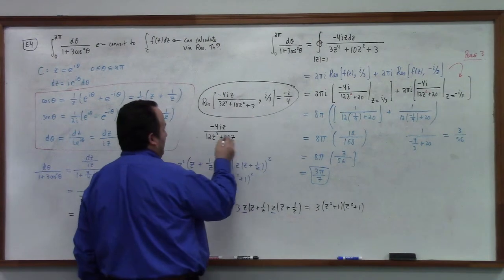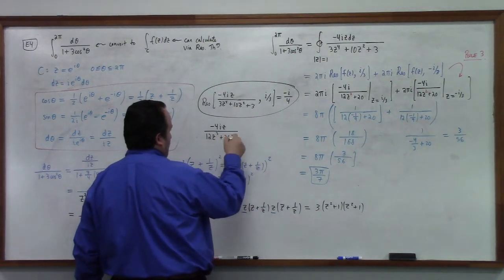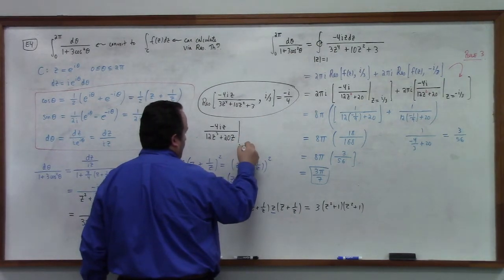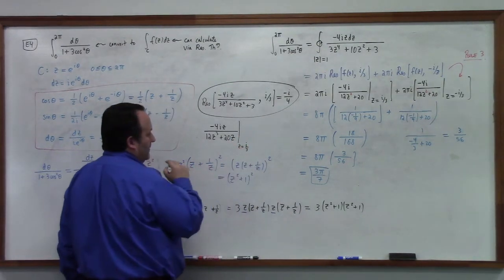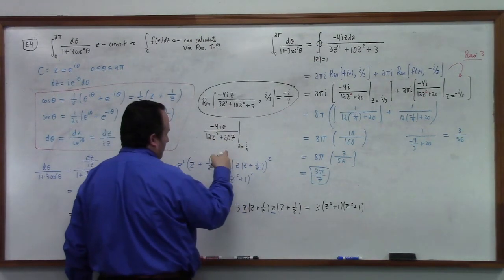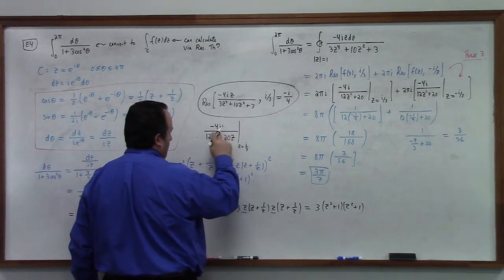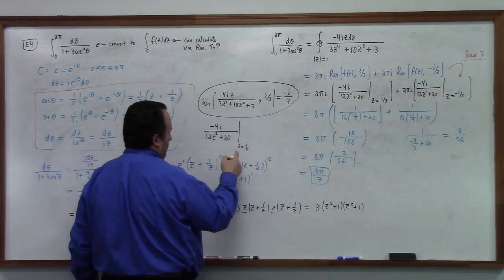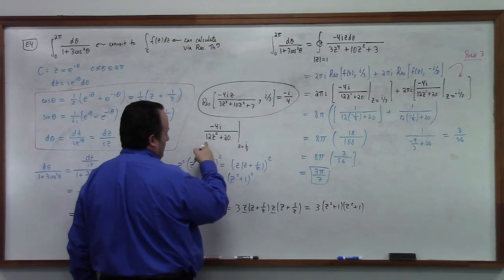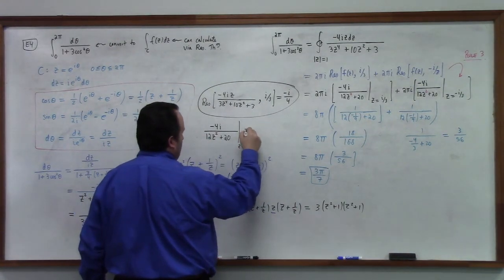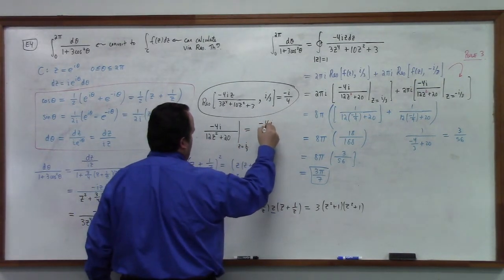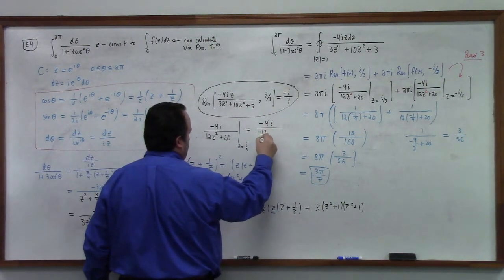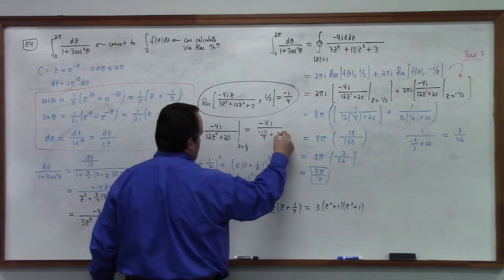And then we're trying to evaluate that at i over 3, right? So we canceled the z, which I think is okay. And that's minus 4i over minus 12 ninths plus 20.